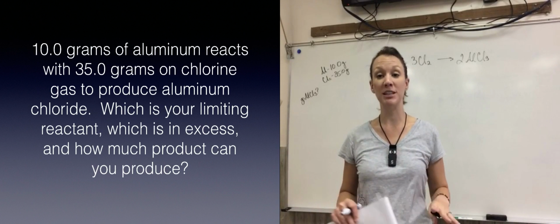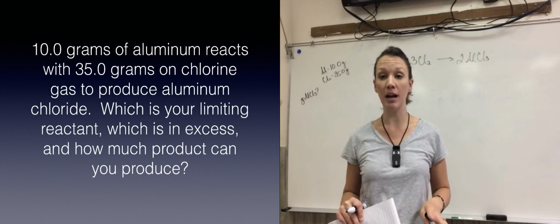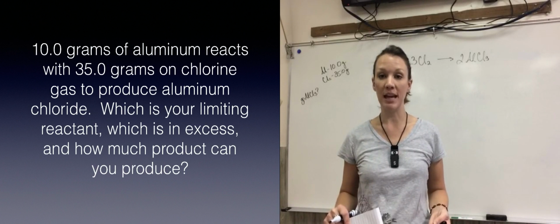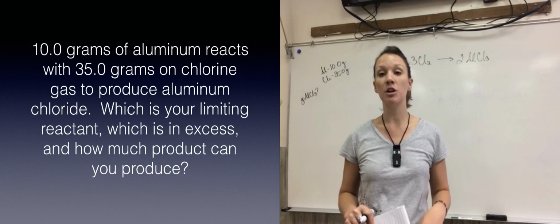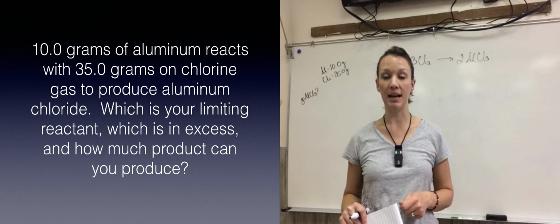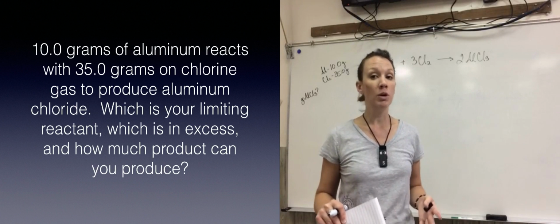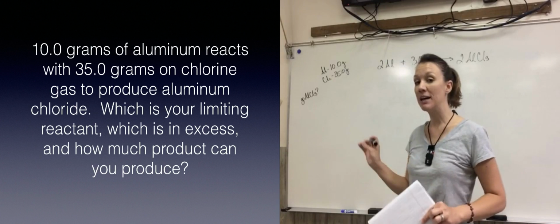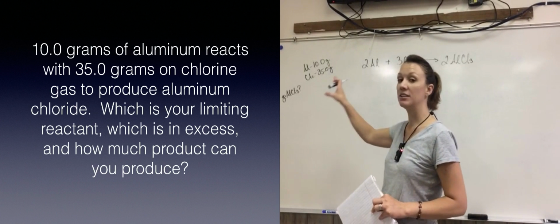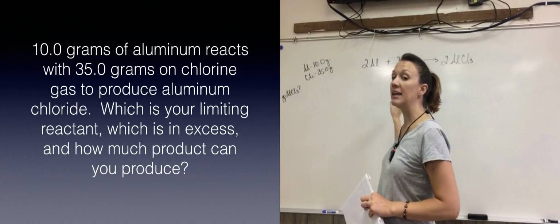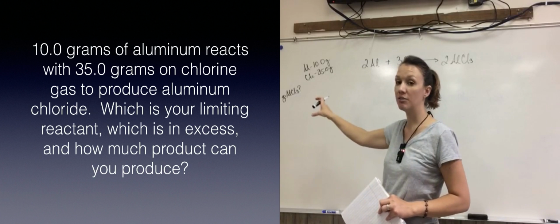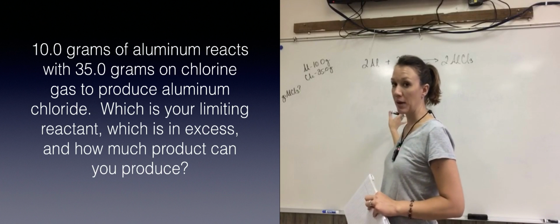Because if you're going to all these different products, you're not going to be able to solve the answer. You need to do these conversions going to the same product each time. So what we're going to do first is a mass-to-mass conversion going from one reactant to the product, and then do the same thing again using the other reactant to the product, okay?